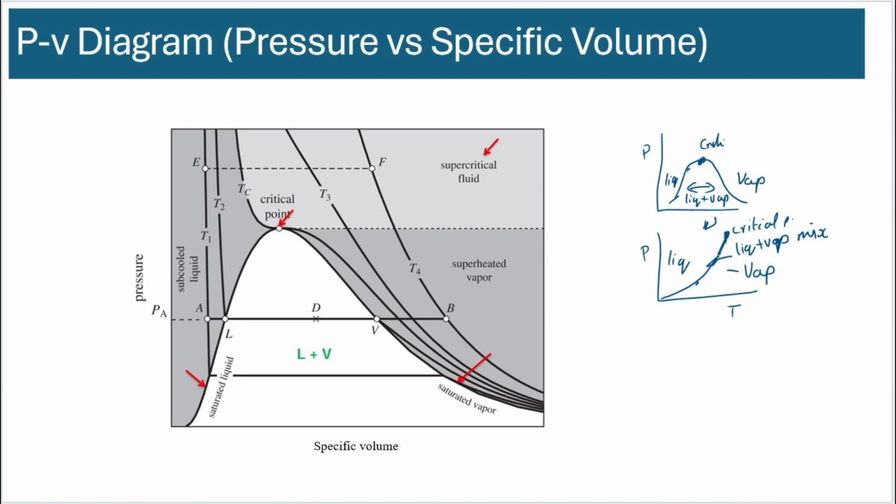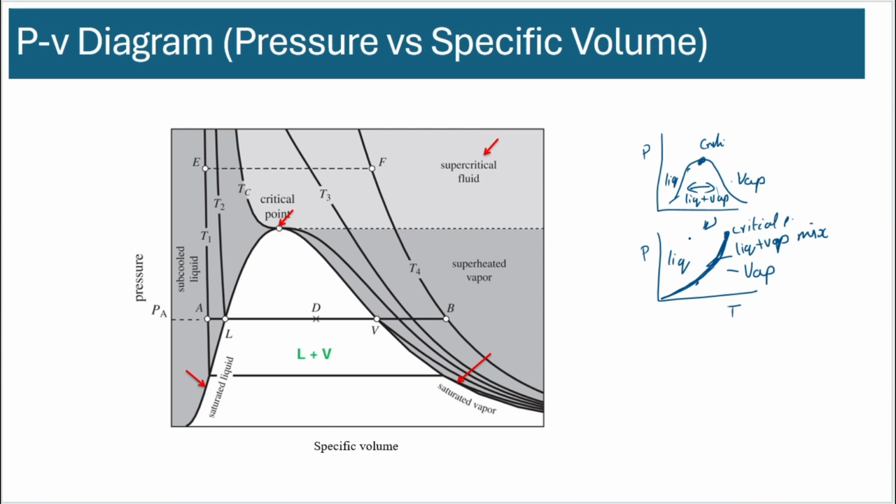So whatever is happening inside that line is basically this whole area here, the liquid plus vapor mixture. Same thing here on the line. Across the line on either side it's either vapor or liquid, and in this case, the same. On this side is liquid, on the right side is vapor.